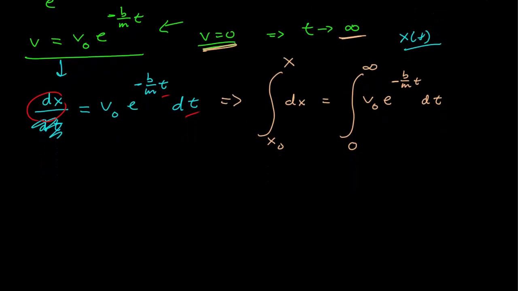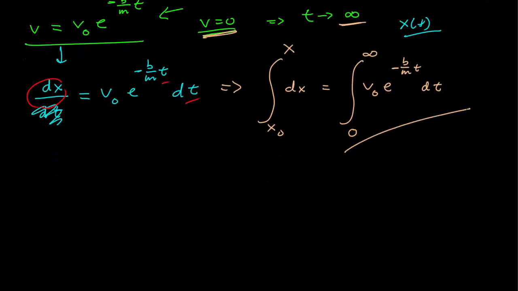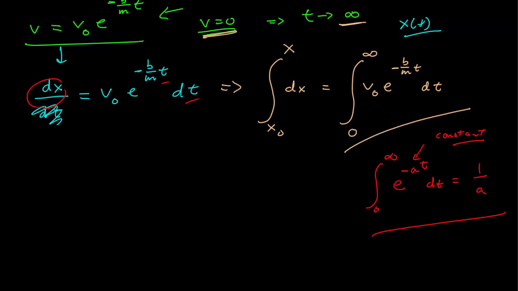This sort of thing can be done quite easily. We can look up in a mathematical table of definite integrals that the integral of an exponentially decaying function, e to the minus a t dt, is just equal to 1 over a, where a is some constant. So we can use this to do this integral quite straightforwardly.